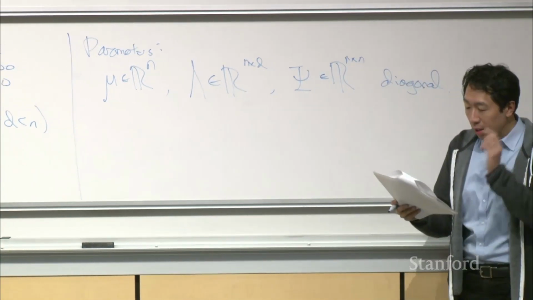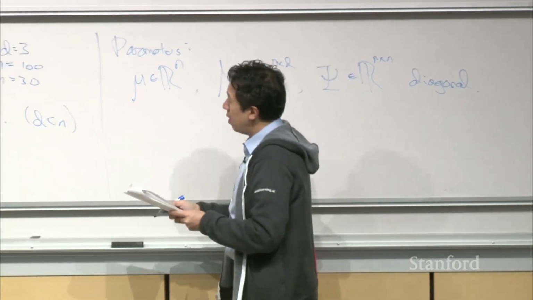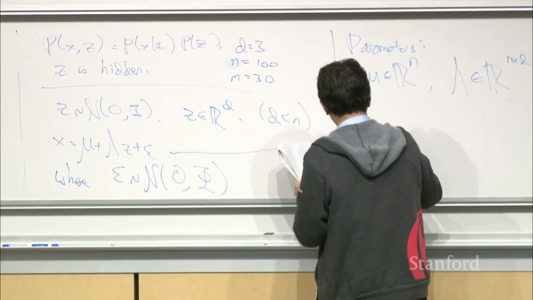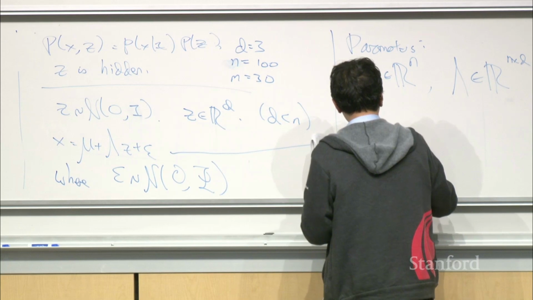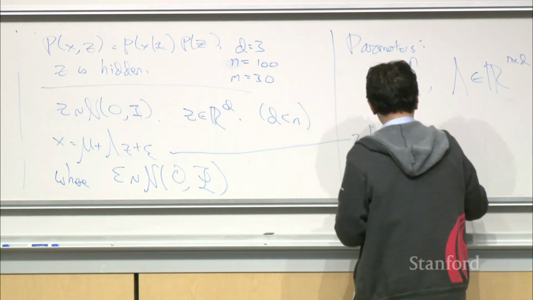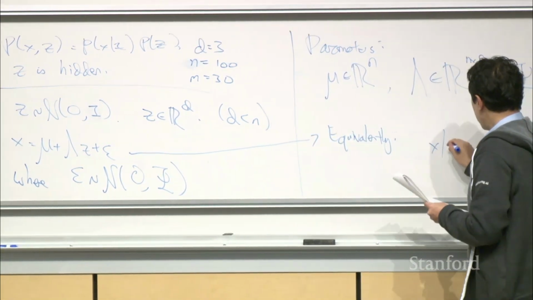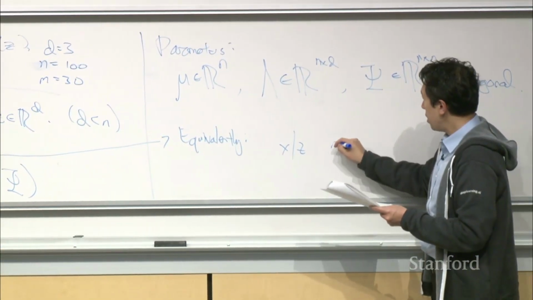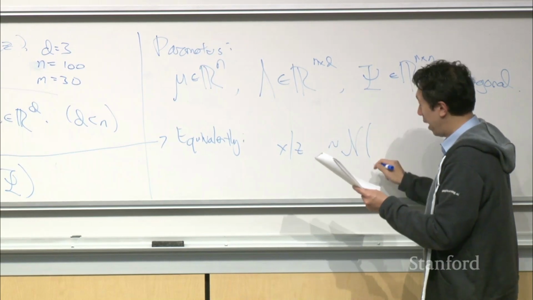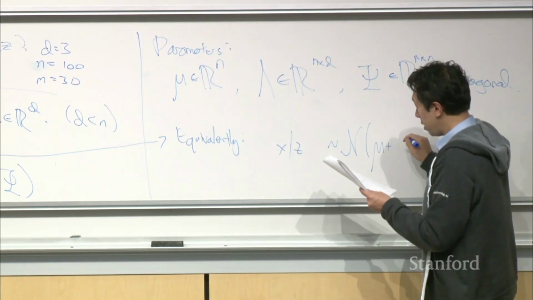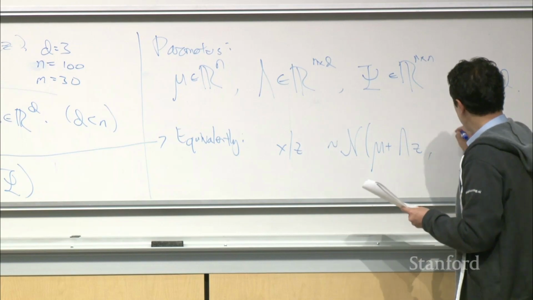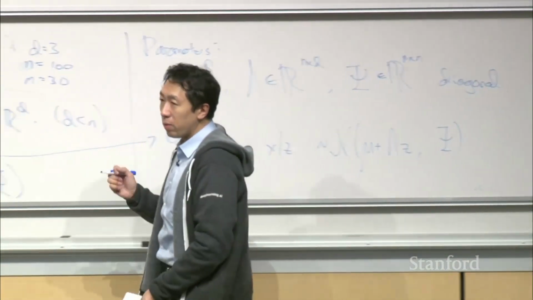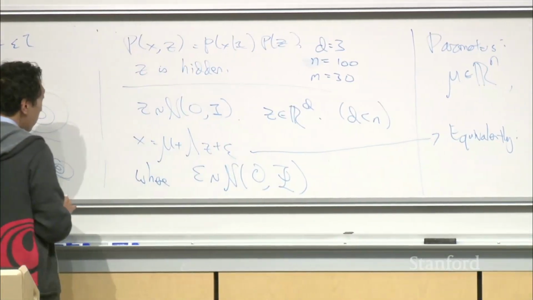Equivalently, given the value of z, the conditional distribution of x given z is Gaussian with mean mu plus lambda z and covariance psi.